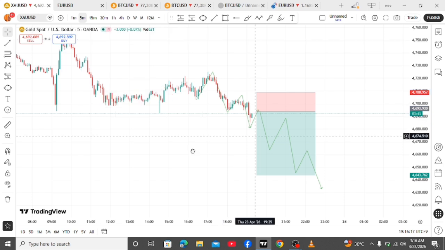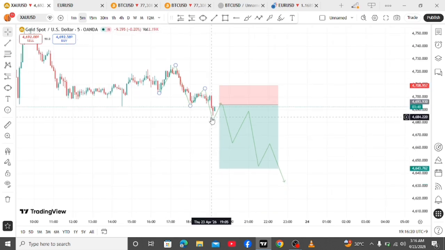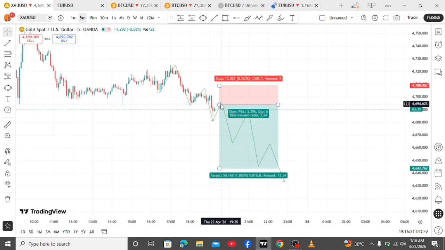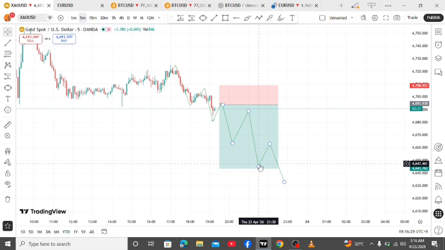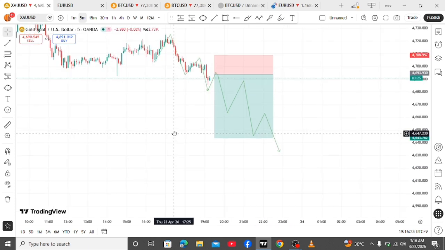So we expect the market to move lower, then retrace a little bit, and then we enter for a sell position here. And then this is what we expect the market to do, creating lower lows and lower highs to the downside, smashing our take profit.